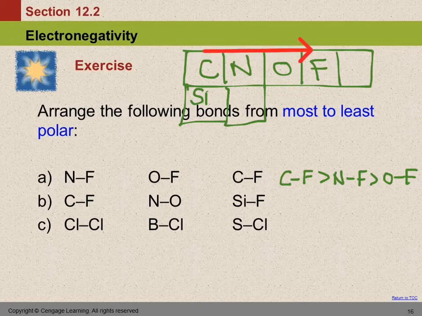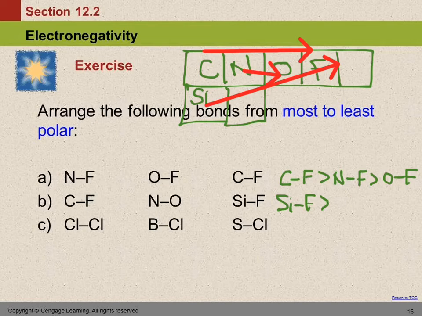There's carbon, fluorine, there's nitrogen, oxygen, and here's silicon, fluorine. Which arrow's longer? The silicon, fluorine. This is farther from fluorine in the periodic table. They are more different from each other. It's more polar. So Si-F is the most polar.